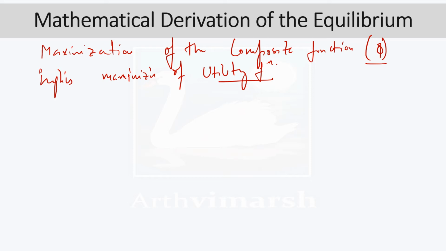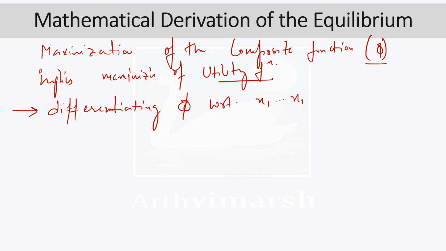So what we are going to do is differentiate the composite function phi with respect to the quantities x1 so on up to xn, and lambda, and equate to 0.